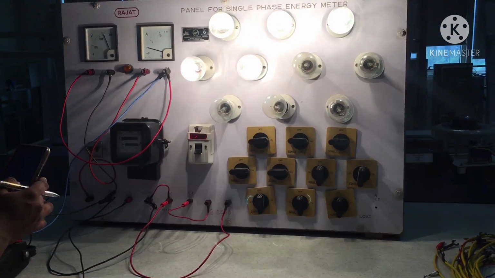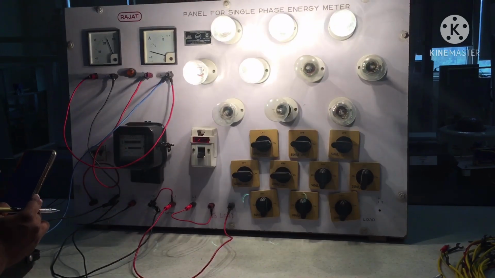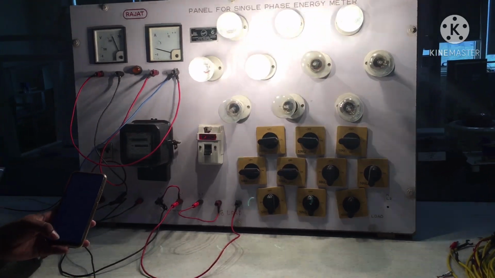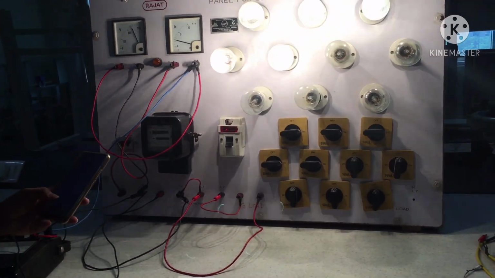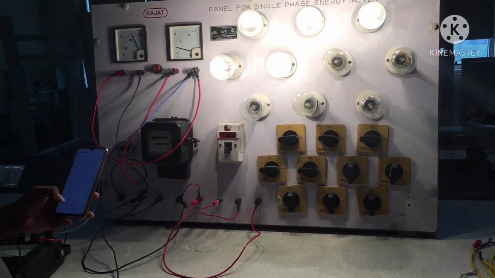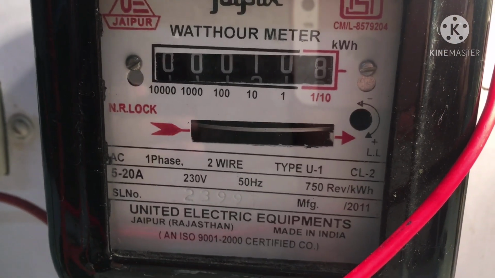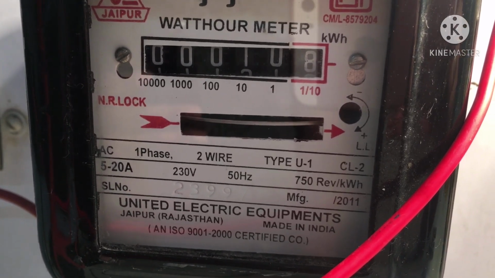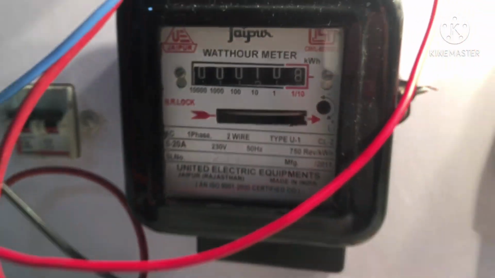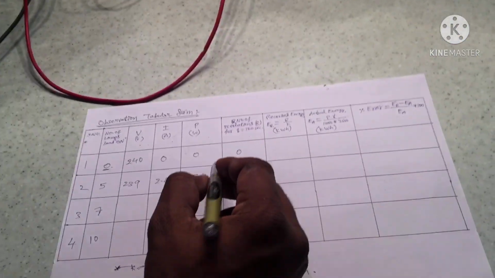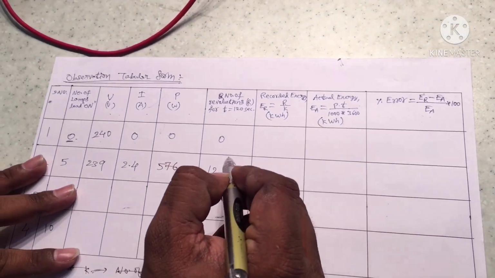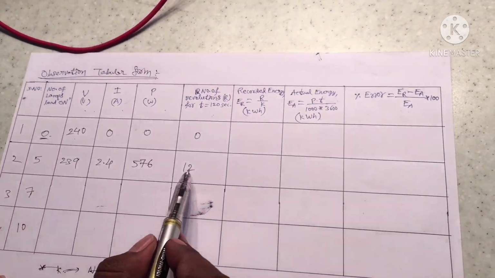Now I am going to measure the number of revolutions. For that I am using this stopwatch, and I start the stopwatch. Twelve revolutions were given in 120 seconds, which I have noted down here.